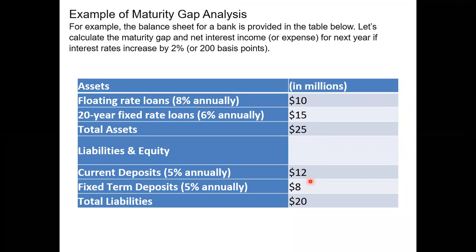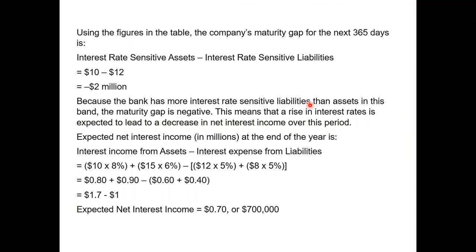For the calculation, this basic understanding is very important. Otherwise, you can't move on. Using the figures in the table, the company's maturity gap for the next 365 days, for the next 1 year, is interest rate sensitive assets minus interest rate sensitive liabilities, that is 10 million minus 12 million, which is negative, because the bank has more interest rate sensitive liabilities, 12 million.